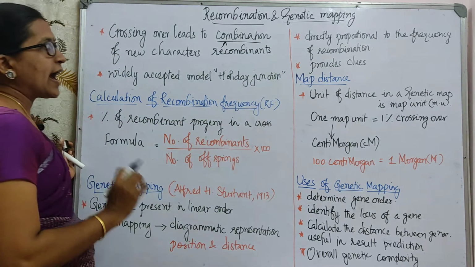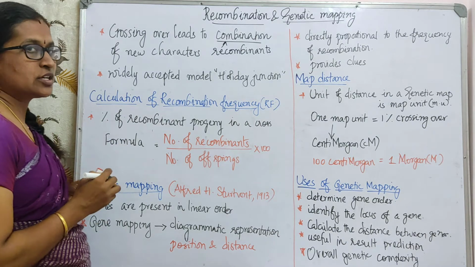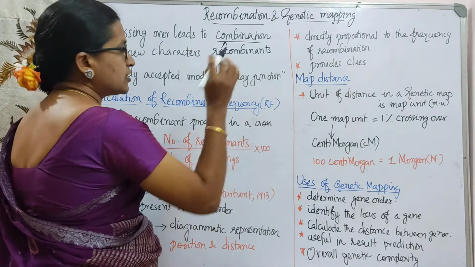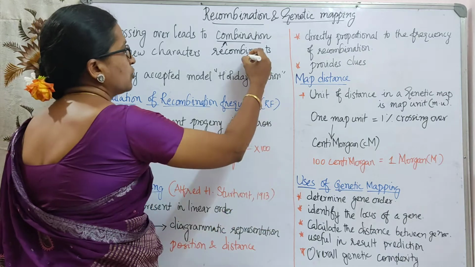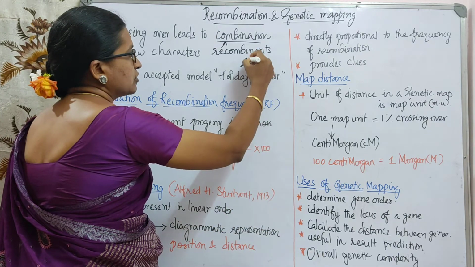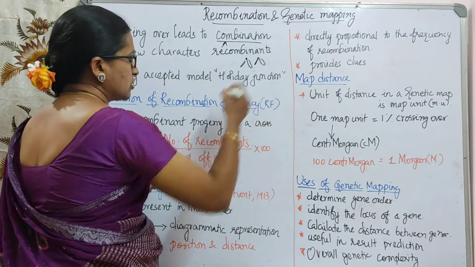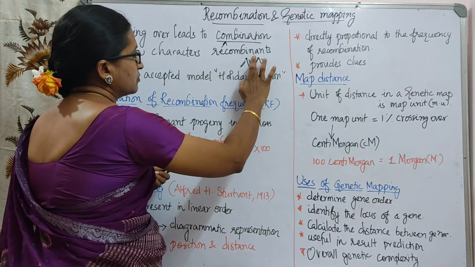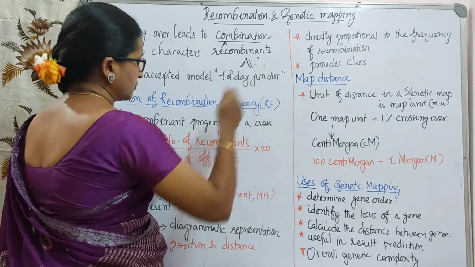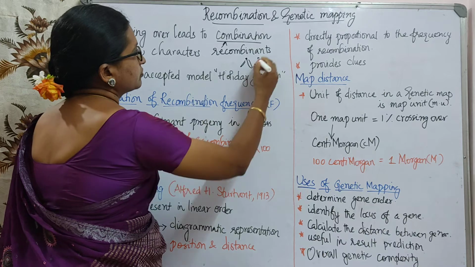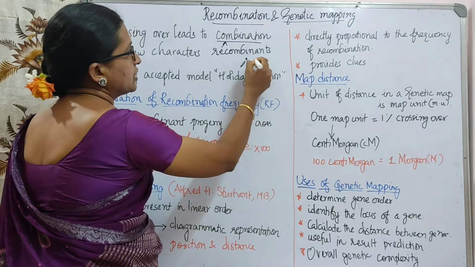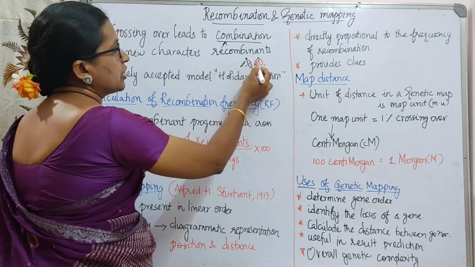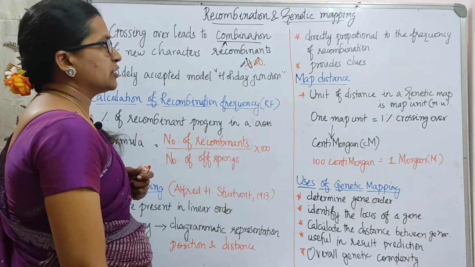What happens in crossing over is cutting and joining. Simply, if we say cutting and joining, what happens? Here one cut and here one cut, and then it becomes recombinant.